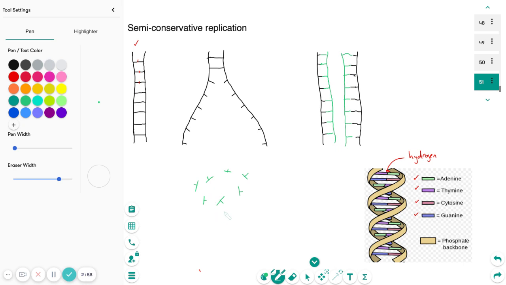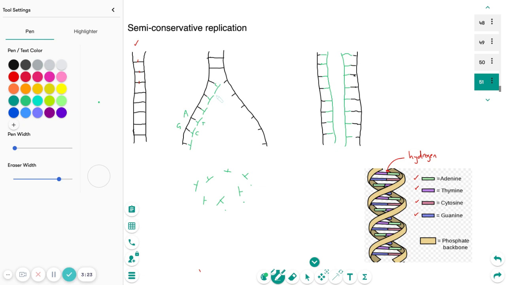So what will happen next is these nucleotides down the bottom are going to bind on to their complementary base. For example, if this had been A, then this one here is going to be T, and if this had been G, this one would be C. So we can see how they're forming hydrogen bonds with their complementary base pair.